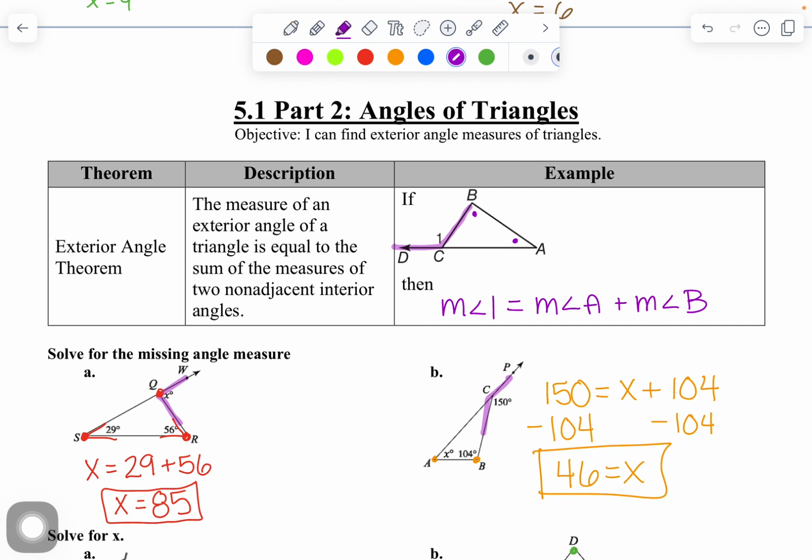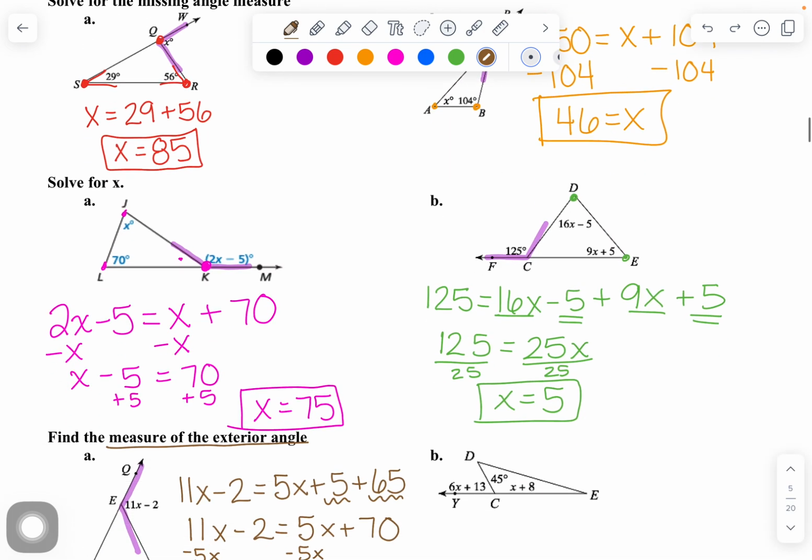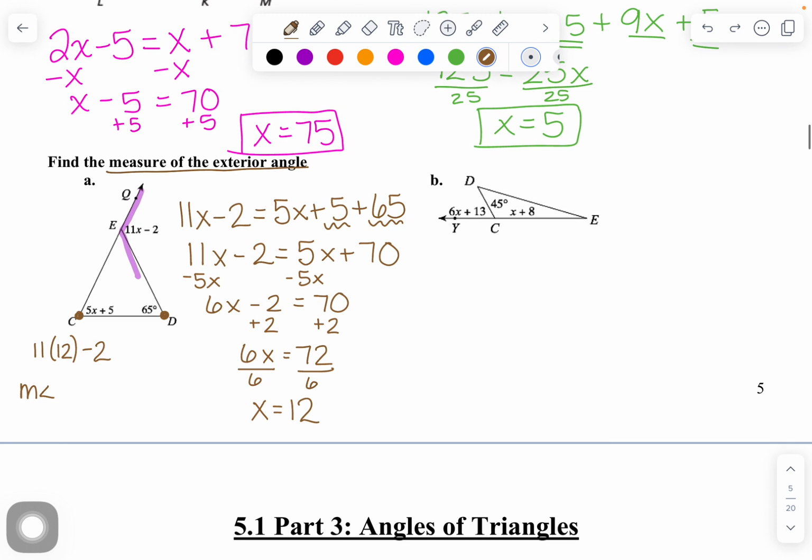But exterior angles, like the measure of angle 1 in the formula, the reason that there's a 1 in this picture is to make that formula shorter, because in all technicality, if I want to name the measure of that exterior angle by letters, I would have had to use the 3-letter name. Because with exterior angles, there is both the outside angle and the inside angle that share a vertex. So I cannot just say angle E. I have to say angle QED or DEQ.